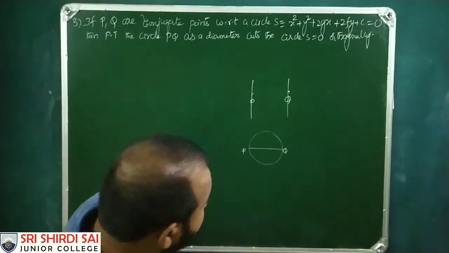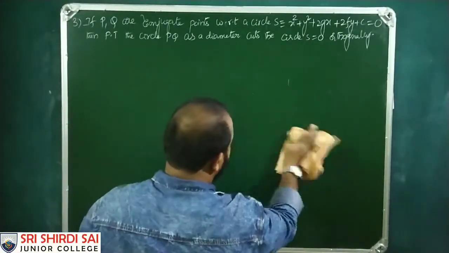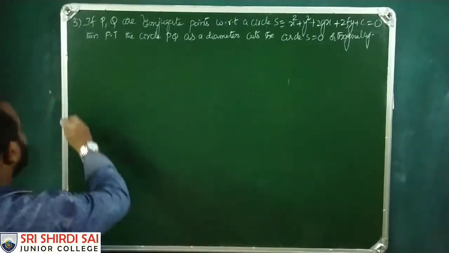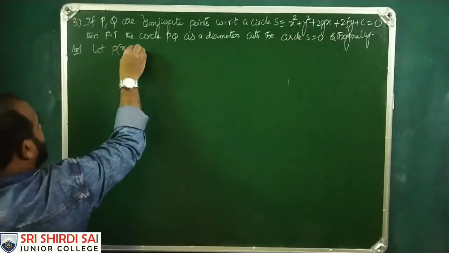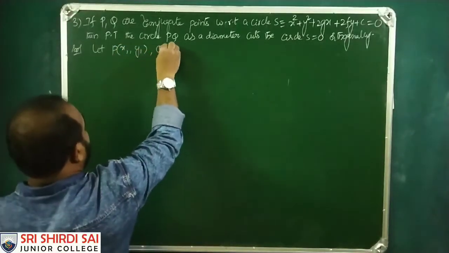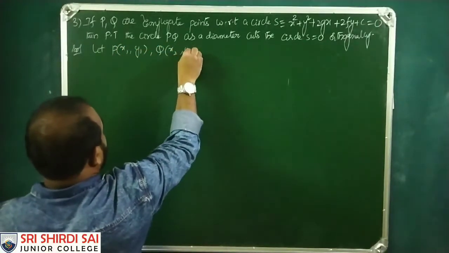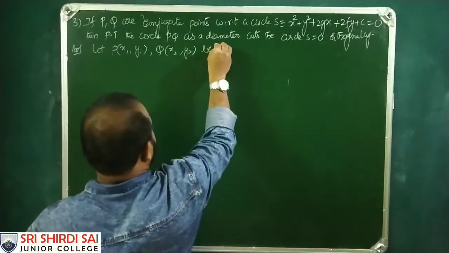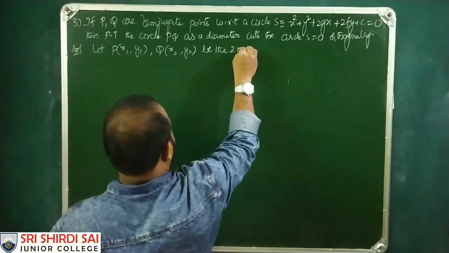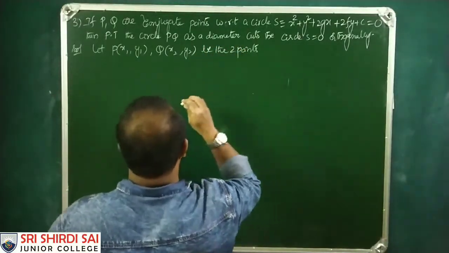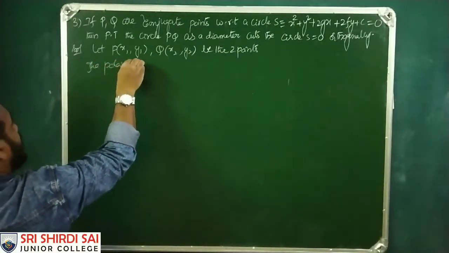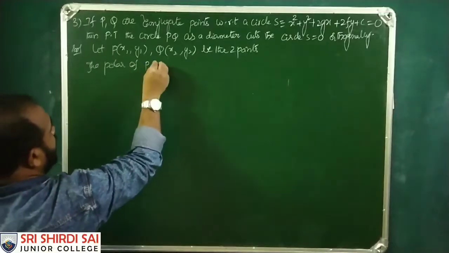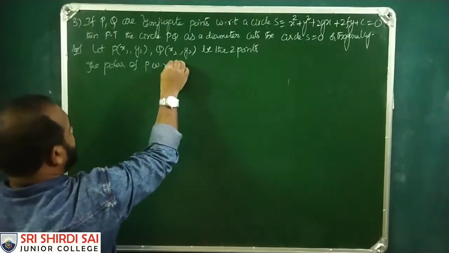So let us prove it. Okay. First of all, let P x1 y1 and Q x2 y2 be the 2 points. The polar of P with respect to S equals 0.